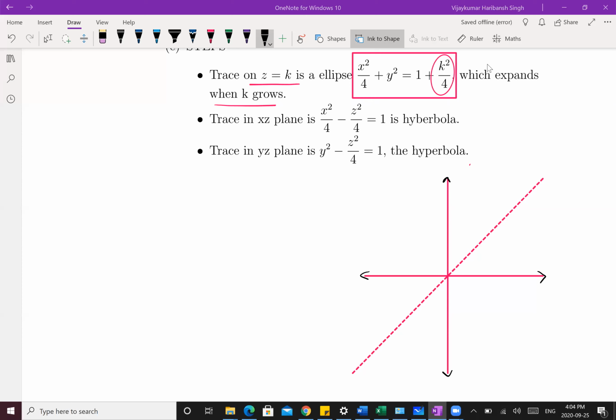So this is your x-axis, this is your y, and this is your z. When k equals 0, you get x squared by 4 plus y squared equals 1, which is an easy ellipse to draw.